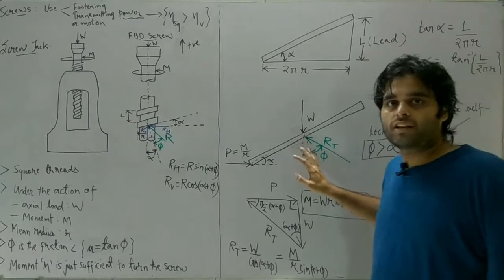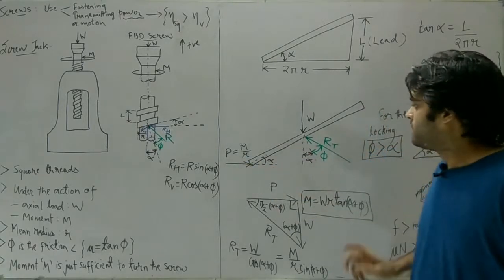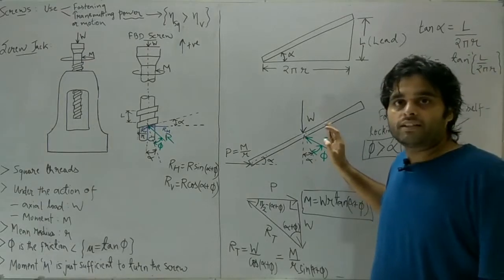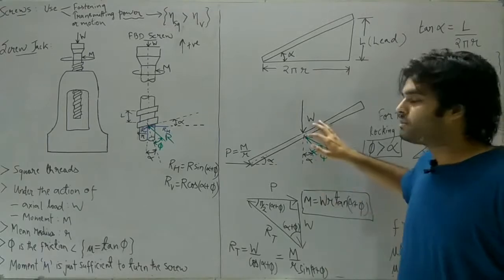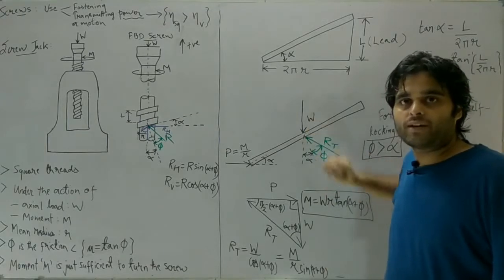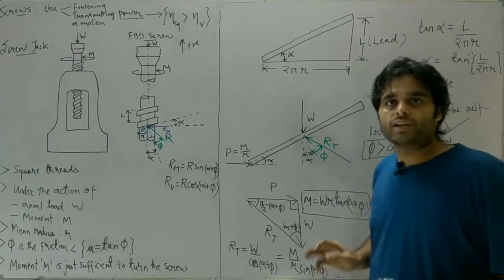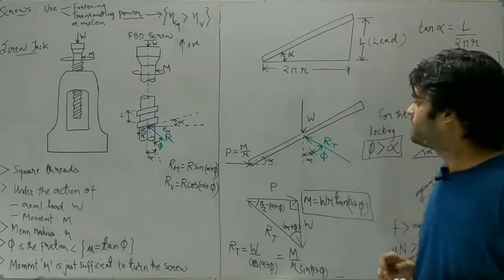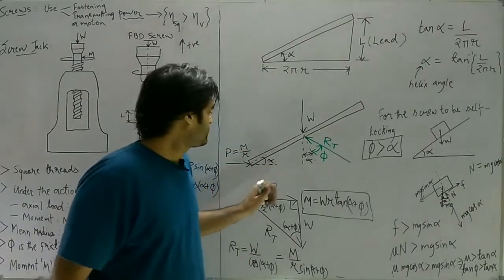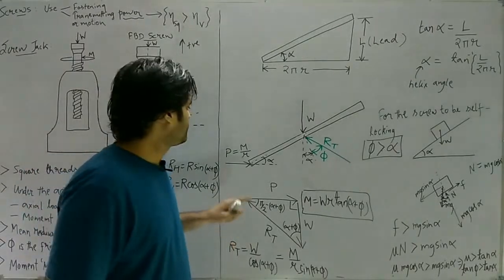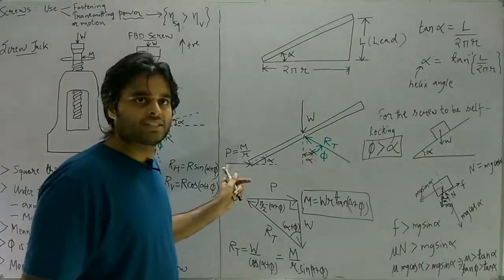So if the screw is self-locking, then even if we remove the force P, this thread won't slide down on its own. Okay, so irrespective of the axial weight applied on the screw, this won't slide down, if it is a self-locking screw. So if this screw is self-locking, then to unwind it we have to apply a force P in the opposite direction.